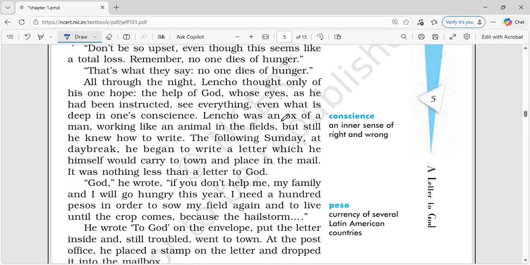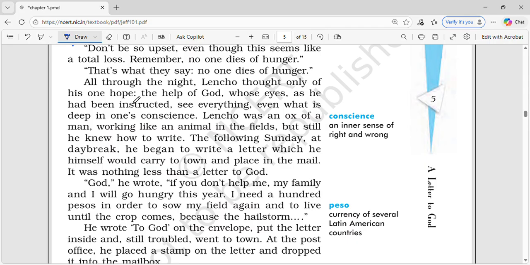All night, Lencho thought only of his one hope, that was God, that he wanted God to help. The help of God, whose eyes had been instructed to see everything, even what is in the deep of one's conscience.